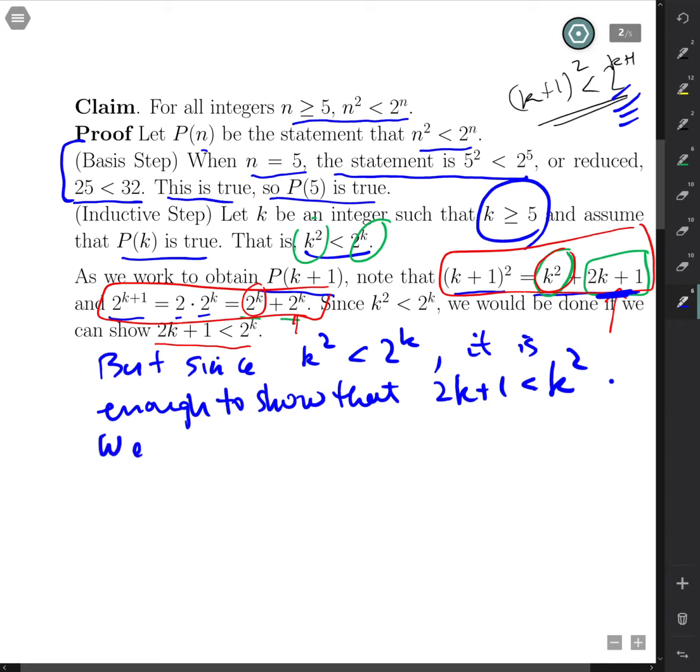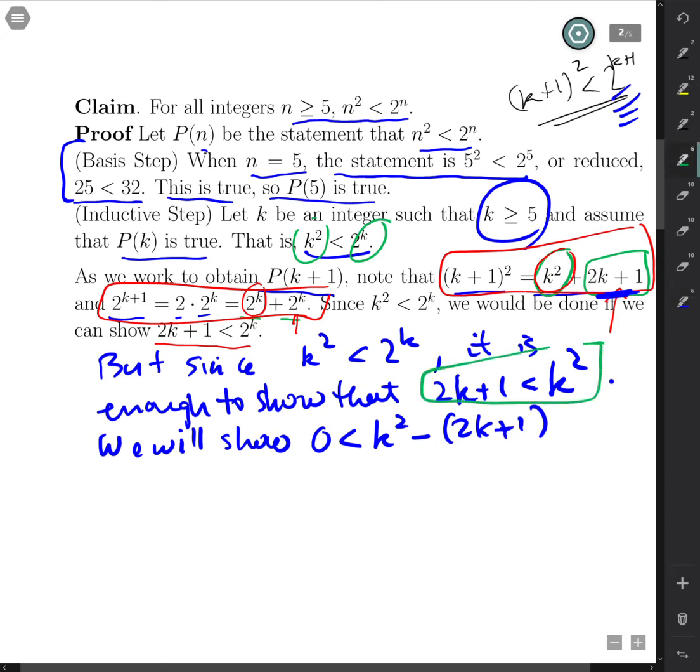So we will show 0 is less than k squared minus 2k minus 1. That's equivalent to this expression right here. I want to show that is positive.